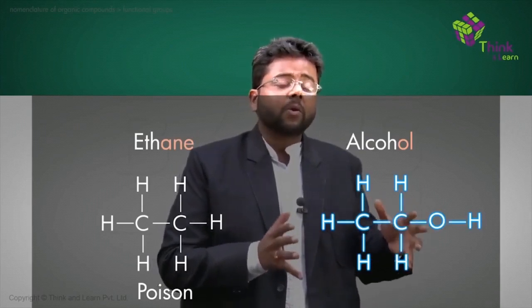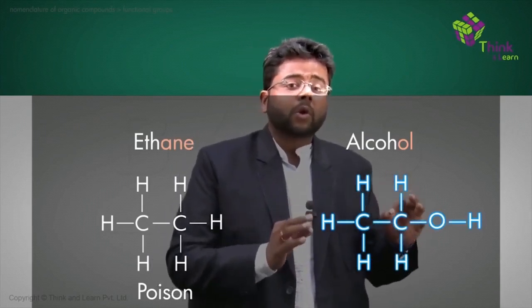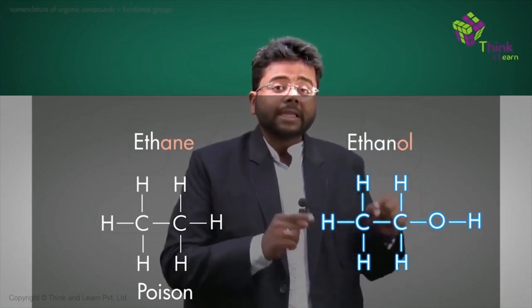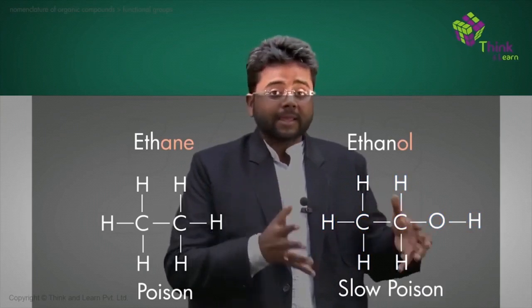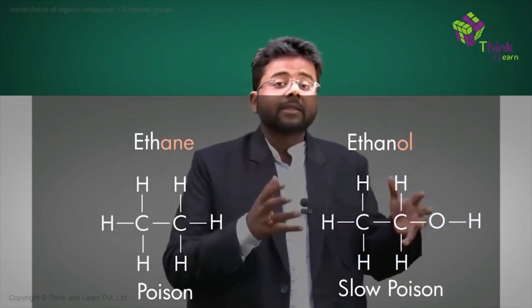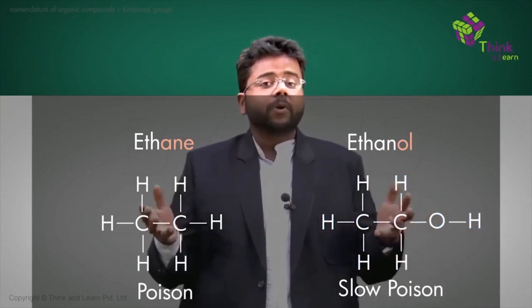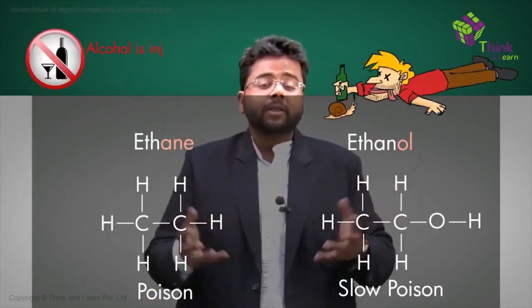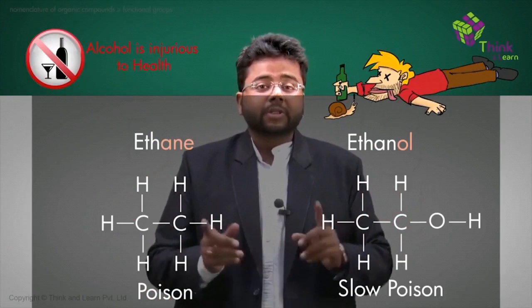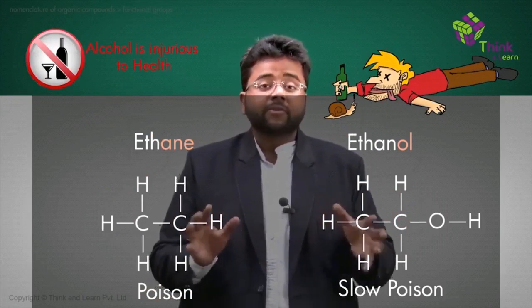Yes, this is now an alcohol. This is called ethanol. And this is a slow poison. How is it a slow poison? Yes, this is the actual alcohol which people drink, and it kills them slowly rather than killing them instantly. So that is the difference that a functional group makes to a compound.